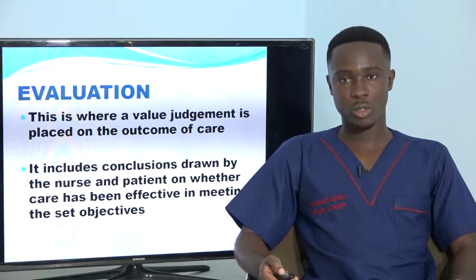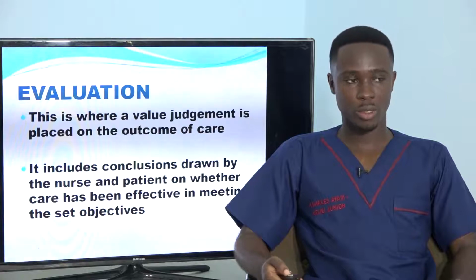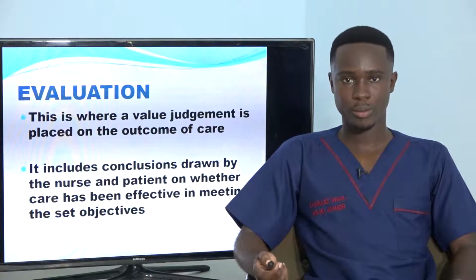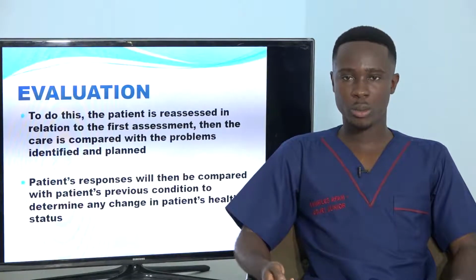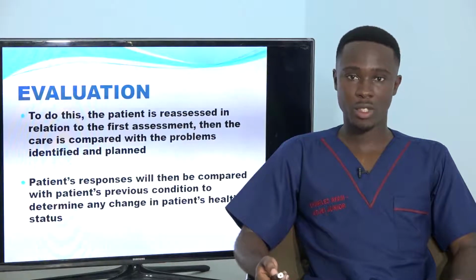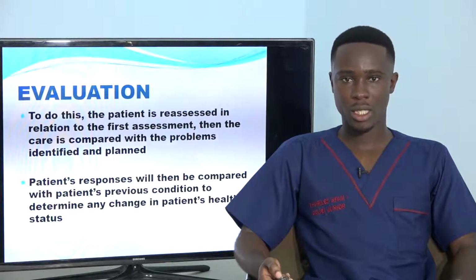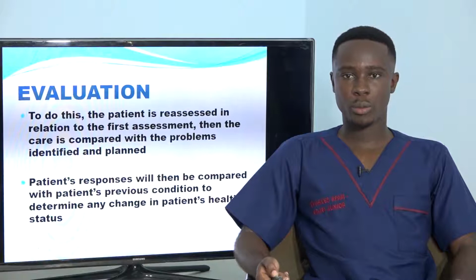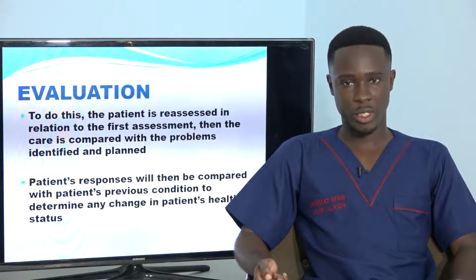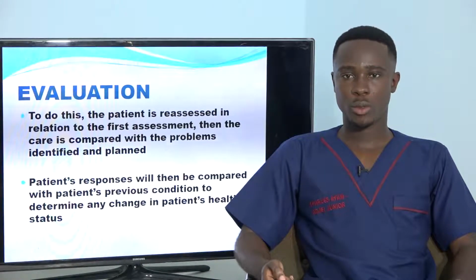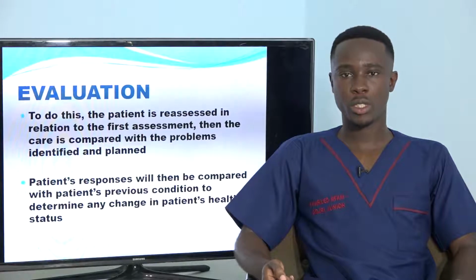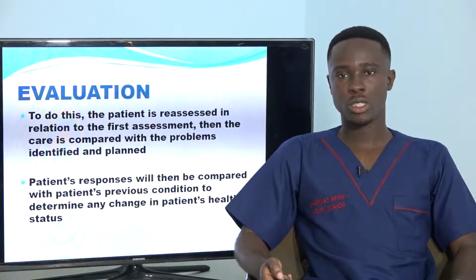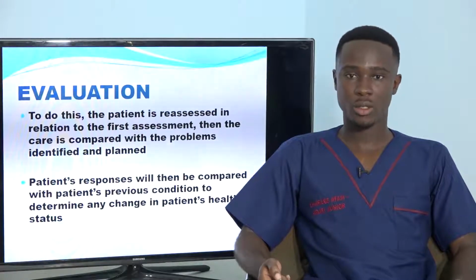Then we can evaluate to say that if the goal was fully met, partially met, or not met. So to do this, the patient is reassessed in relation to the first assessment. Then the care is compared with the problems identified and planned. Patient's responses will then be compared with patient's previous condition to determine any change in patient's health status.